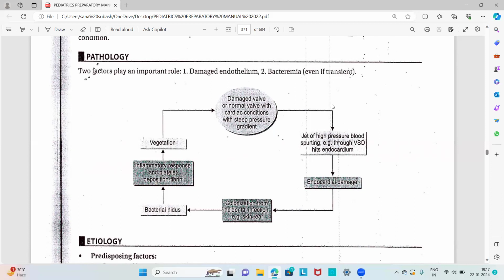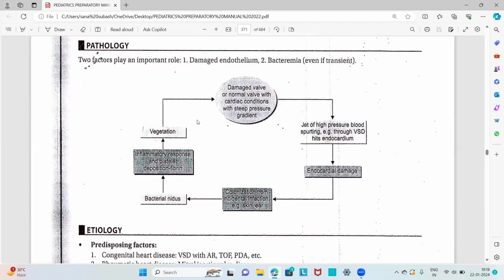In that damaged area, there will be colonization from an incidental infection, for example of skin or ear, and a bacterial nidus is formed. Because of this nidus, there will be an inflammatory response, platelet deposition and fibrin deposition, resulting in the formation of vegetation. Then this cycle continues, and that results in the major symptoms and signs of infective endocarditis.